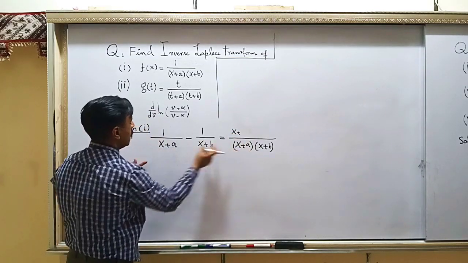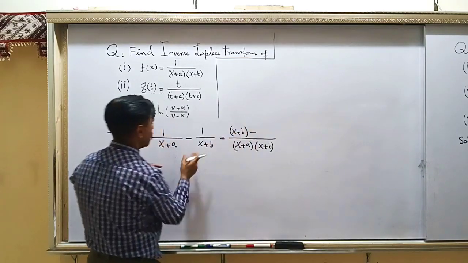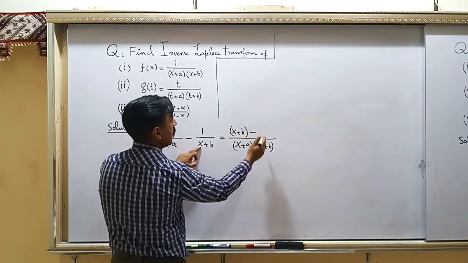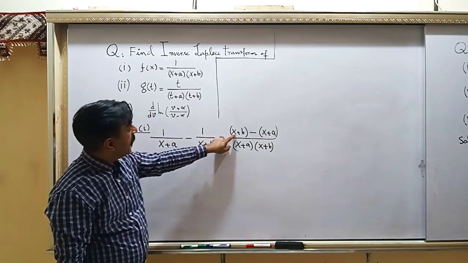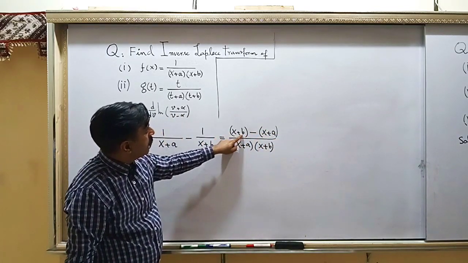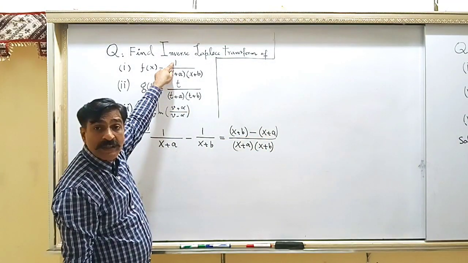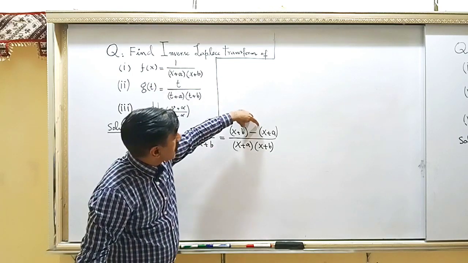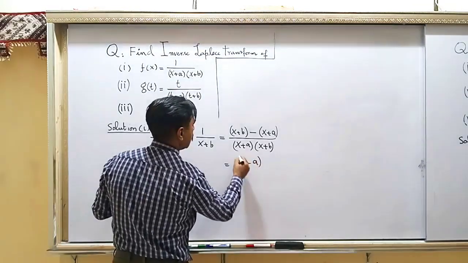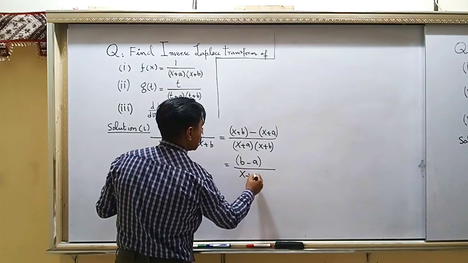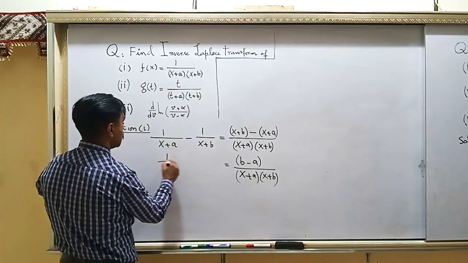Sorry, x plus a will be cancelled and you will have x plus b minus this x plus b cancelled, and you have x plus a in the upside. Now, this x will be cancelled and you will have b minus a. But you do not have b minus a in the actual question. So this is b minus a over x plus a, x plus b, and the left hand side is the same.